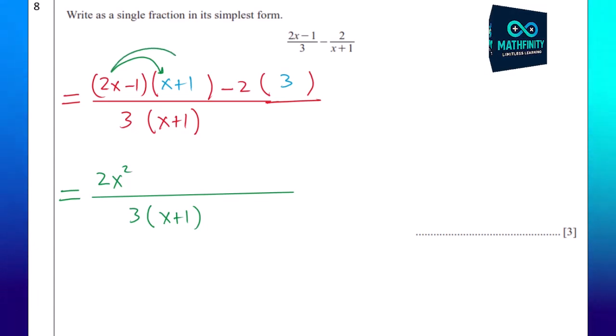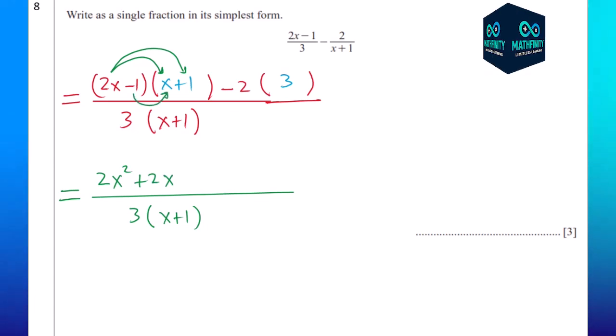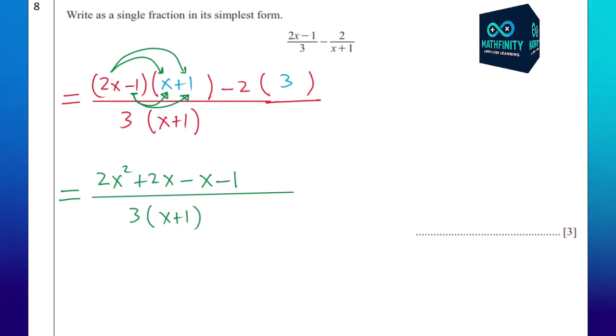When you multiply 2x with 1, it will be 2x. Also you have to multiply minus 1 with x, it will be negative x, and minus 1 with positive 1, it will be minus 1. Here, minus 2 multiplied with 3 will be minus 6.